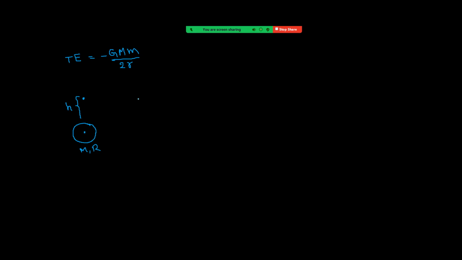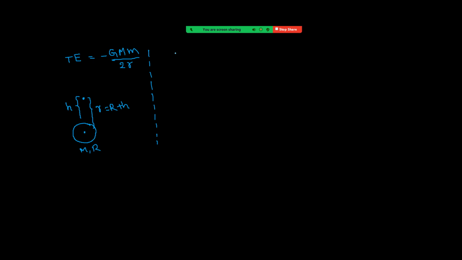Right. So condition is here. We want to make the total energy zero. So how much velocity we have to provide? Height is h, or you can say the separation is, let us take small r, where this is equal to R plus h.